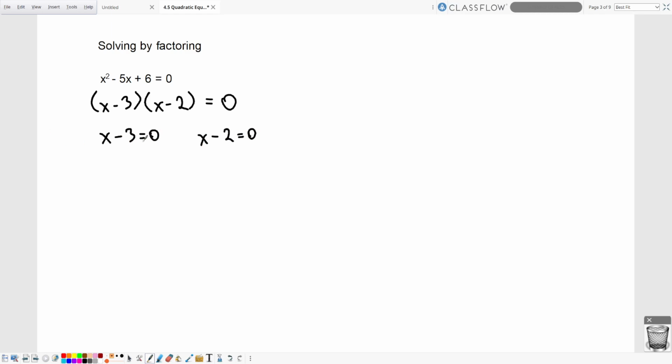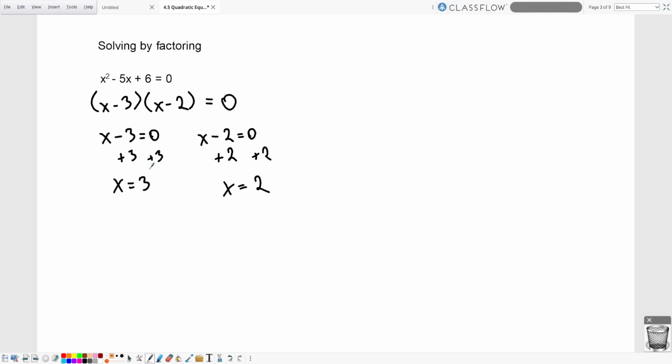I'm going to take and solve both of these two equations, and that will give me my x-intercepts. So the first one, you would just add 3 to both sides of your equation, and you get x is positive 3. Over here, you would just add 2, and you get x is 2. So that means that your solutions, your roots, your x-intercepts, are 3 and 2.